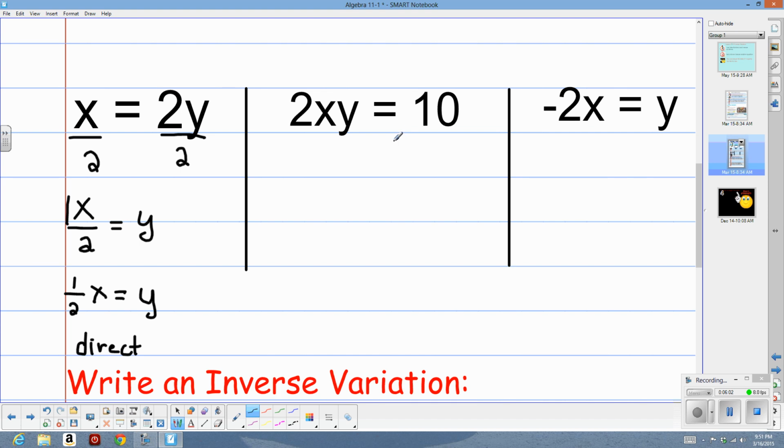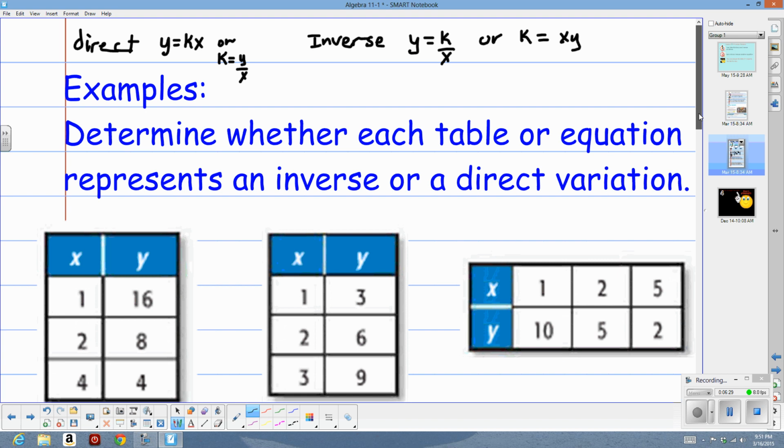Now for the next one, I would divide both sides by 2x to get y by itself. So you end up with y equals, and I can simplify the 10 over 2 to 5 over 1, or 5 over x. y equals 5 over x would be an inverse variation.